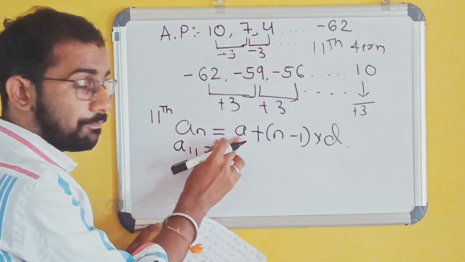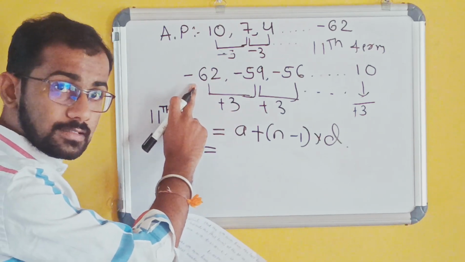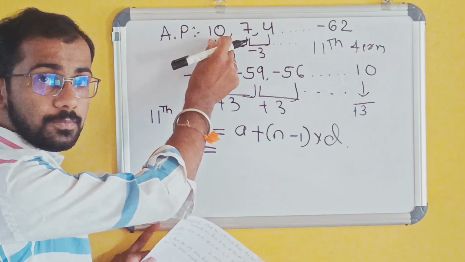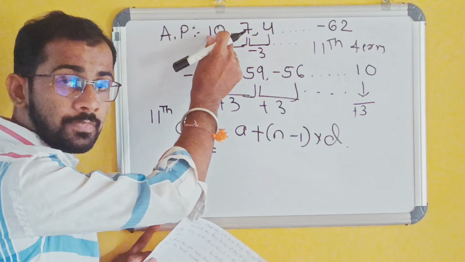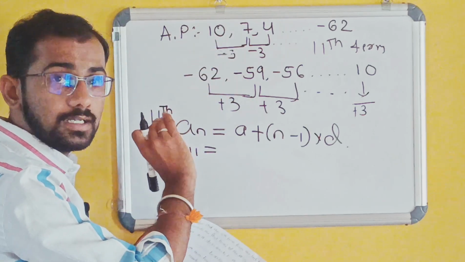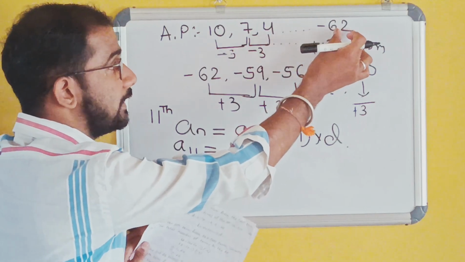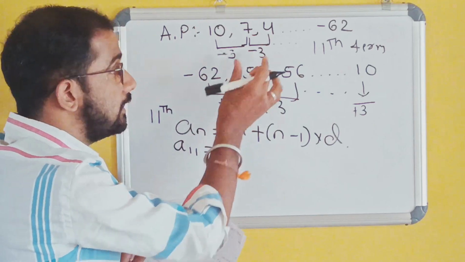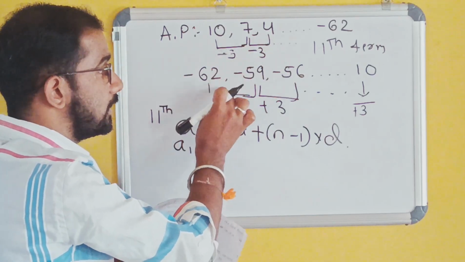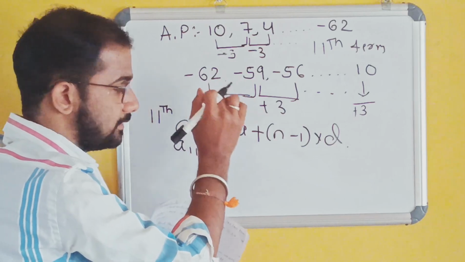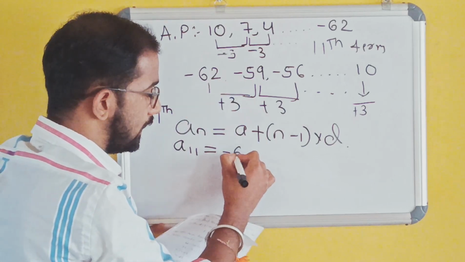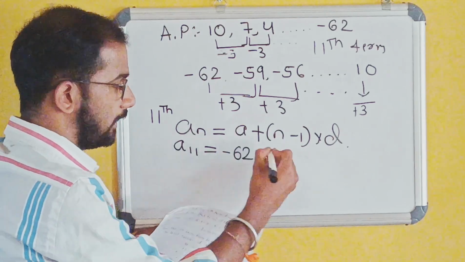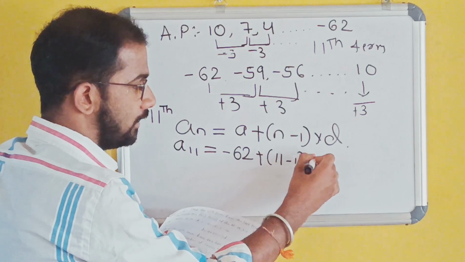Here a is minus 62. In the original question, a would be 10, the first term, but according to our convention I wrote the sequence in reverse order. Hence, in this sequence, the first term is to be considered as minus 62. So I write minus 62 plus (11 minus 1) into d.